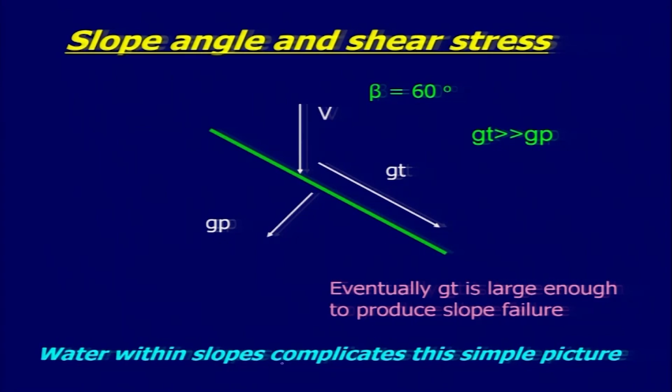So water within slope will eventually complicate the simple picture we are trying to understand. It is not only the slope, of course the slope is important, but if you have water saturated material, then this will complicate the whole scenario.